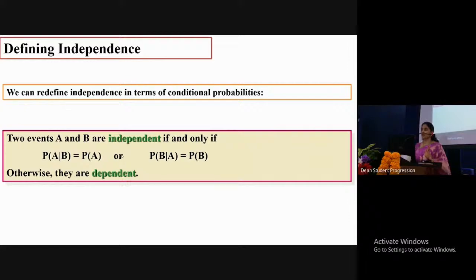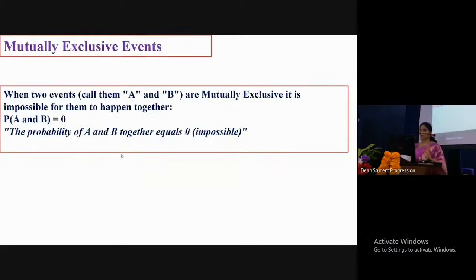We have another important topic: independent events and mutually exclusive events in probability. If the occurrence of A based on the condition that B has occurred leads only to P of A, then the events are totally independent and not dependent.